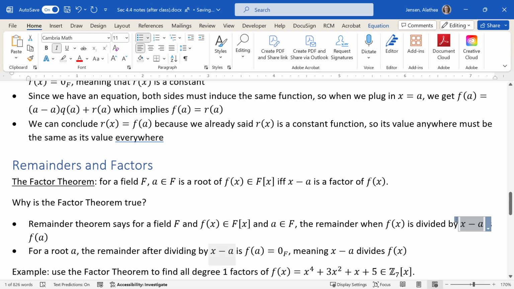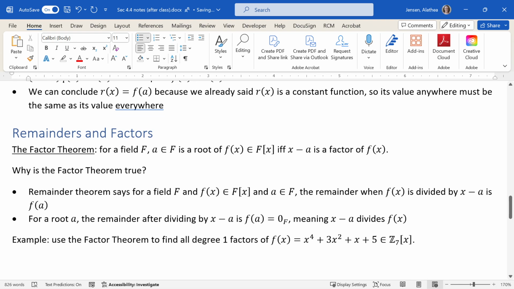The remainder after dividing f of x by x minus a would have to be 0, meaning that x minus a is a factor. All right, so that explains why this part implies this part. Hopefully that makes sense, even though we didn't do a full formal proof. That's the gist of the proof.